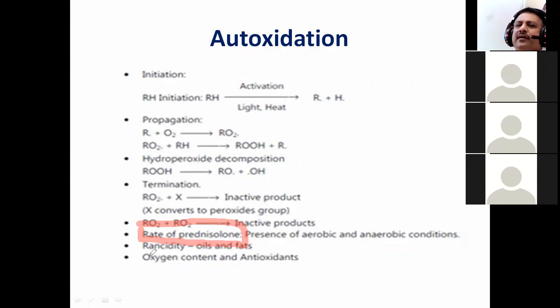If you are not keeping the lid on the container for certain types of compounds, for example oils and fats, it will lead to rancidity. Many times if you keep oil open in your kitchen, you will find it gets a typical rancid smell. So this is how you can avoid auto oxidation.